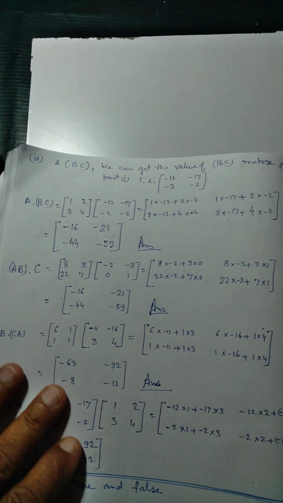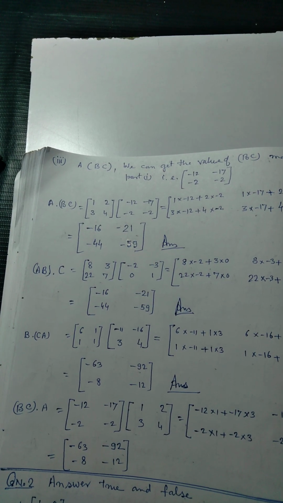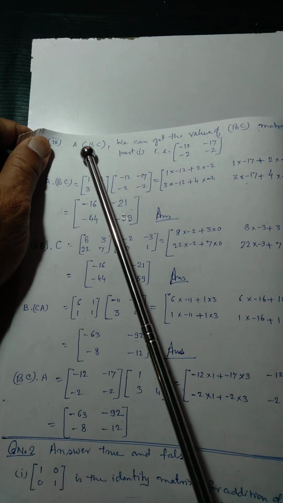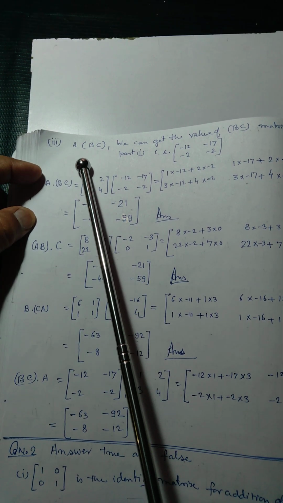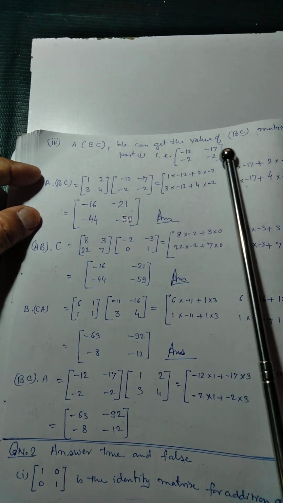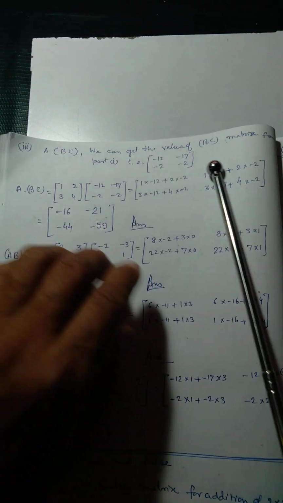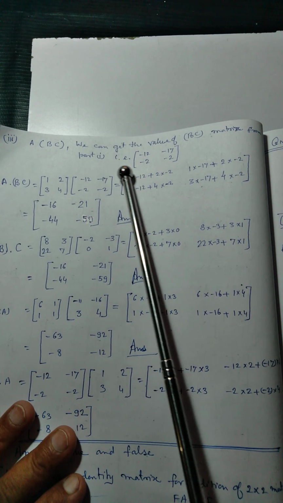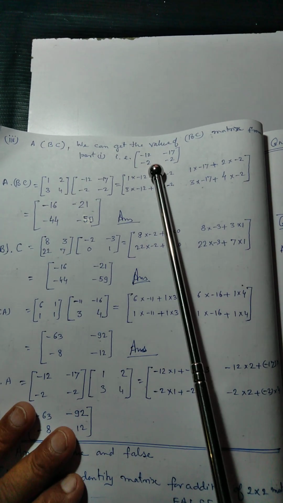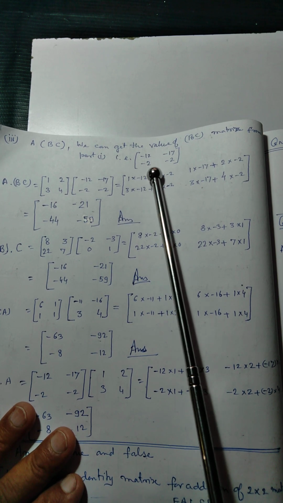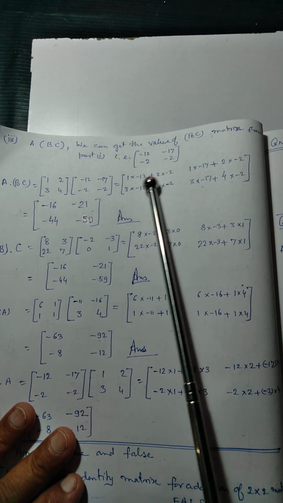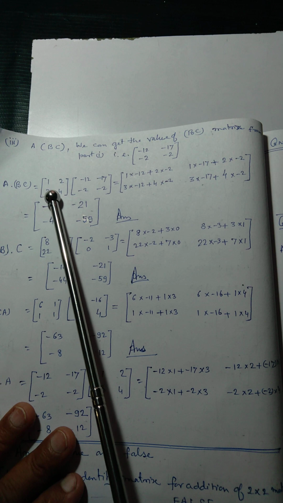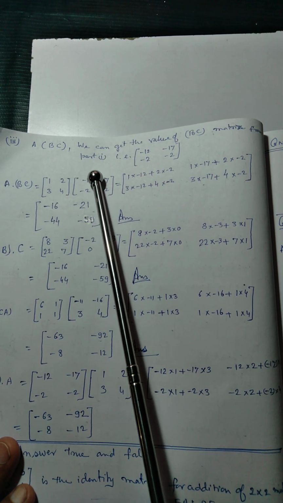Now come to the third part. A in bracket B into C, we can get the value of BC matrix from the part 1. I have taken the value of BC from the first part, that is minus 12, minus 17, minus 2, minus 2. Now substitute it here, and this is the matrix for A, and this is the BC matrix.